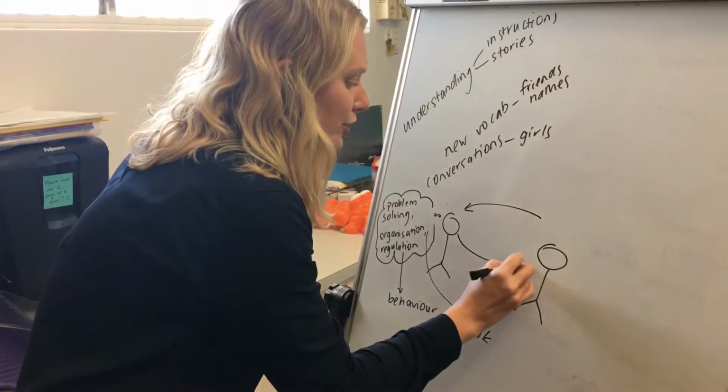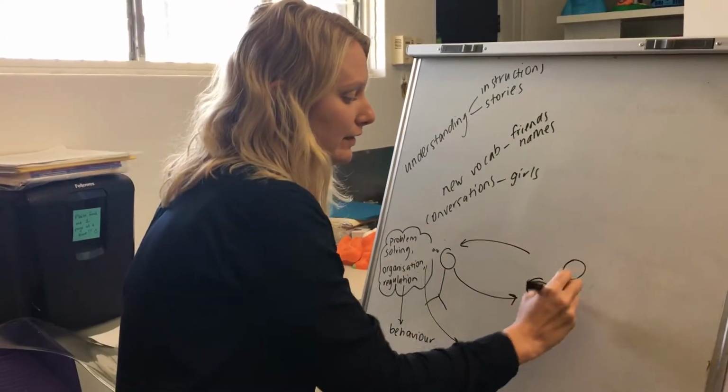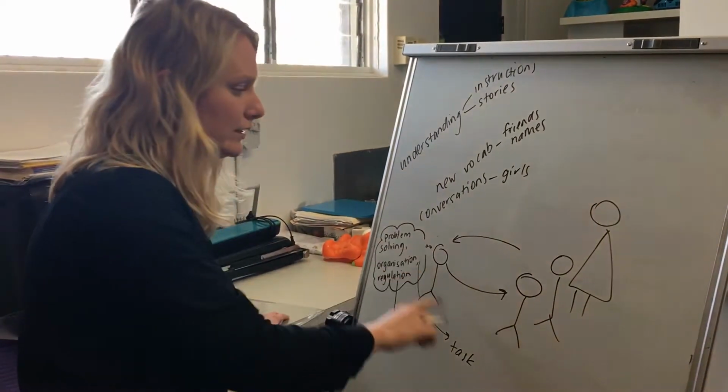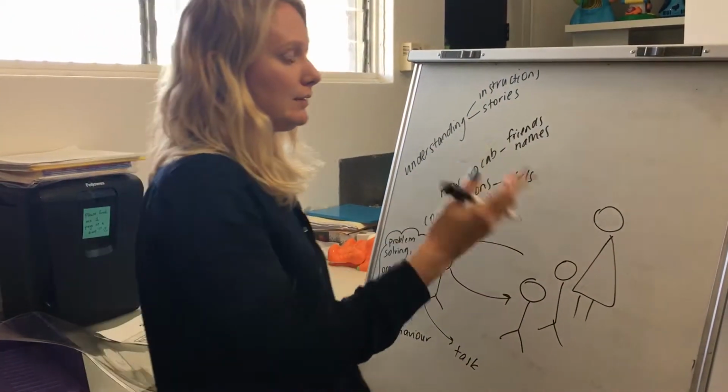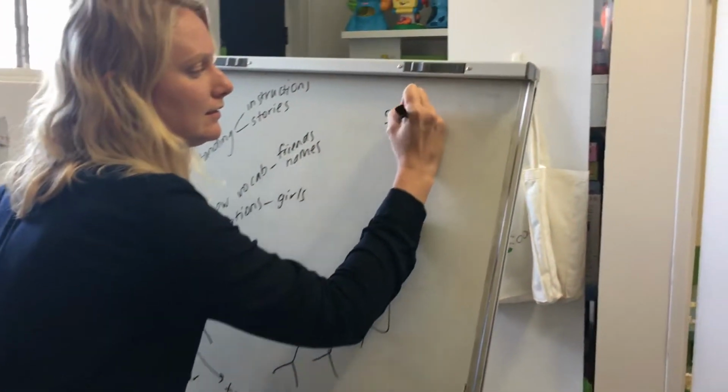If we look at expression, so what are our kids saying to not just their individual peers, but if they're in a group or if they're talking to their teacher as well, what are the skills that they need to be able to express? And that would be things like constructing our sentences.